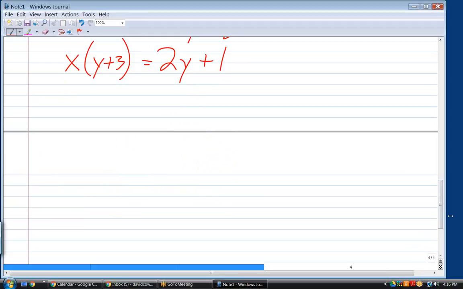Get rid of parentheses. In other words, the things that I let rule almost always is get rid of denominators, get rid of parentheses, get rid of exponents. When you're solving an algebraic equation, those are always good things to do. So how do I get rid of these parentheses? You multiply x by y plus 3.